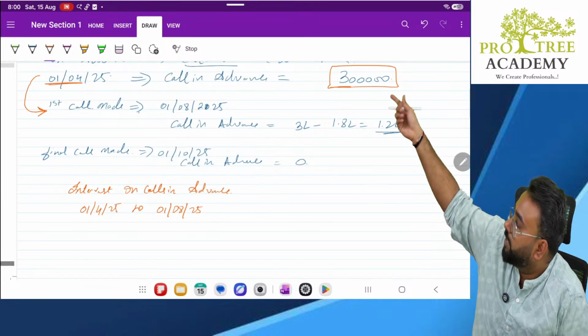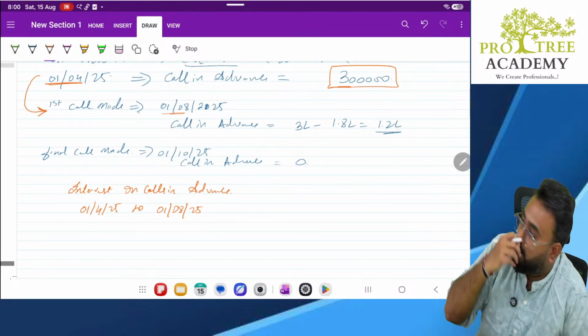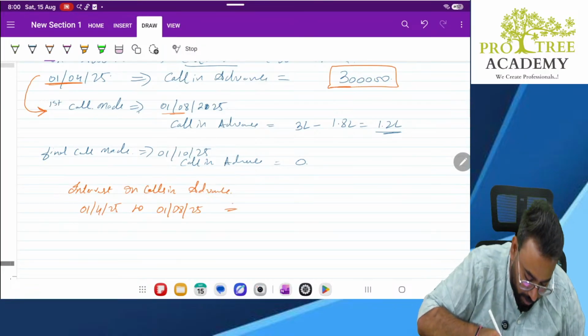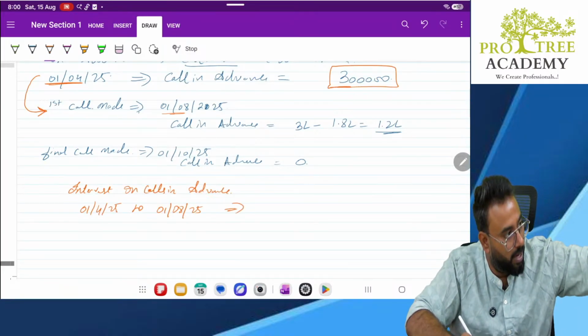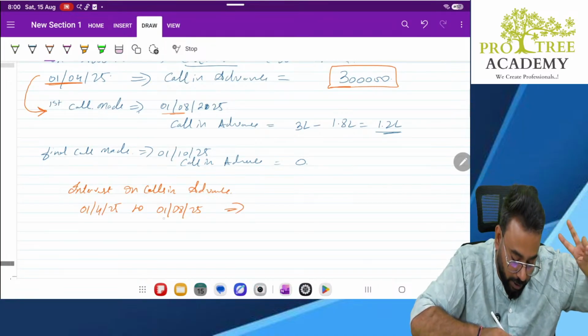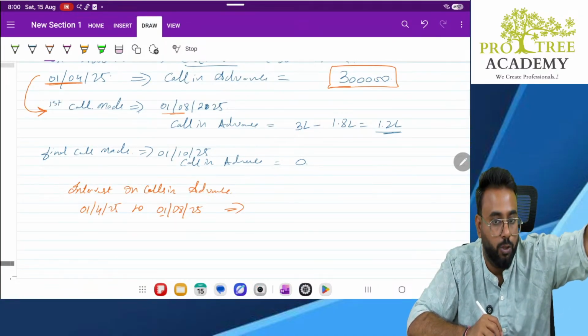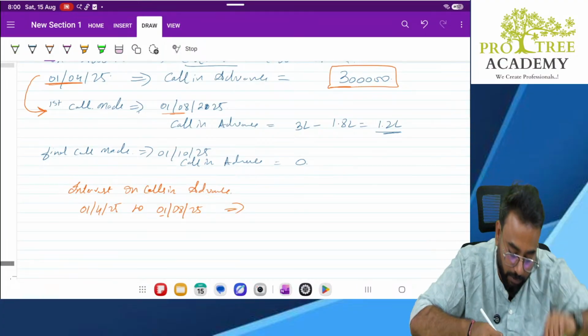And when was it adjusted? It got adjusted only on August 1st. So till there, we need to pay interest. How many months? April, May, June, July. Don't count August. Why? Because it is the first. So April full month, May full month, June full month, July full month. So 4 months we have to pay interest.